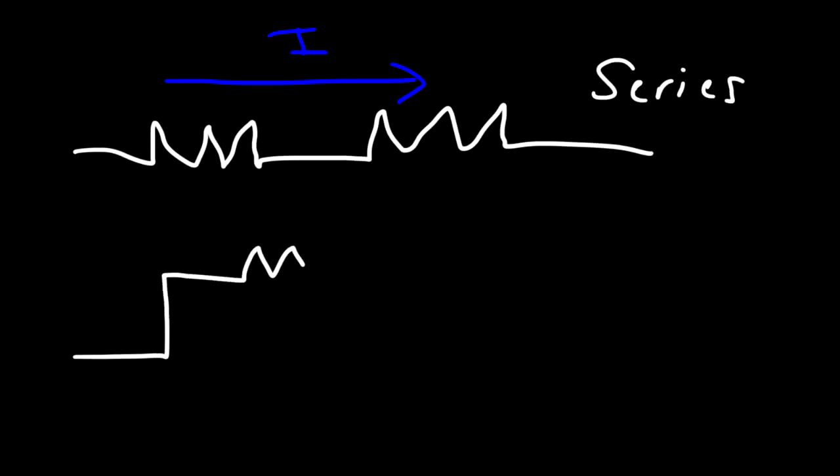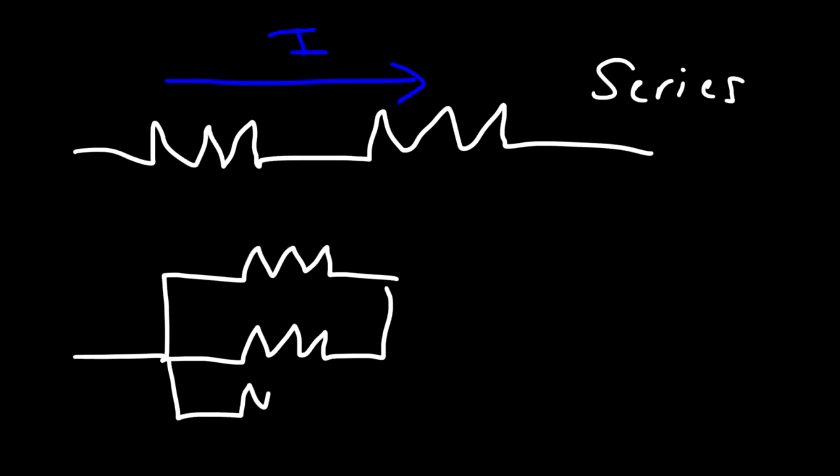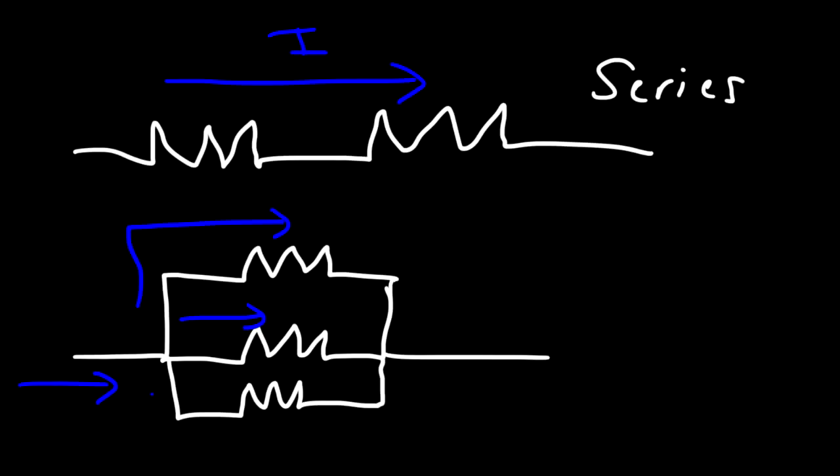In this example, the resistors are connected parallel to each other because there are multiple paths by which the current can flow. It can flow through path A, through path B, or through path C. And so those resistors are connected in parallel. And so that's the difference between resistors being connected in series versus resistors being connected in parallel.